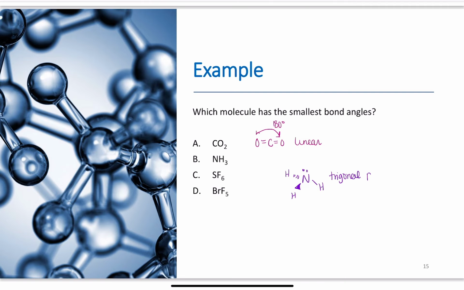It's called trigonal pyramidal, and the bond angle will be less than 109.5. SF6, octahedral. And in this structure, all the bond angles are 90 degrees from each other.